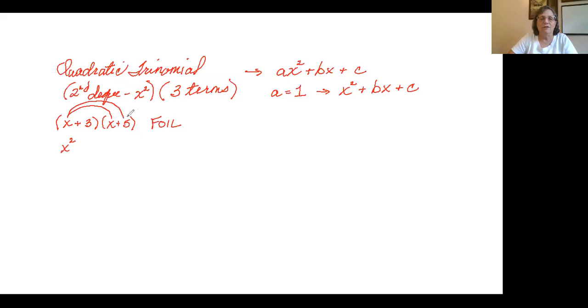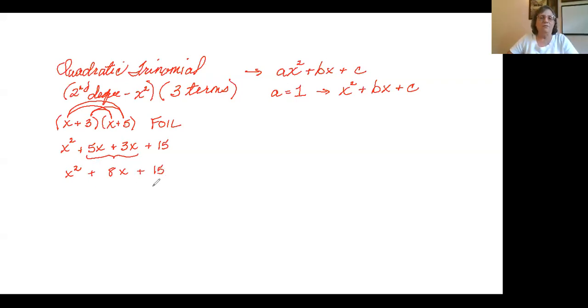The outer, the O, x times 5 is 5x. The inner terms, 3 times x is 3x. The last, 5 times 3 is 15. And typically the middle terms will be like terms, and we can add those up. In this case, that gives us 8x.